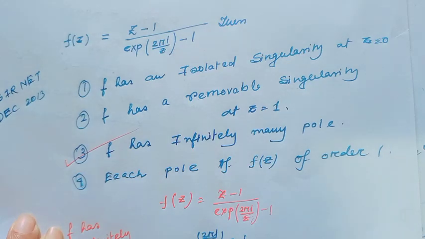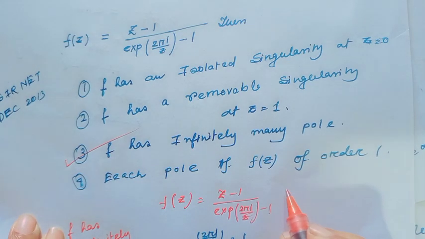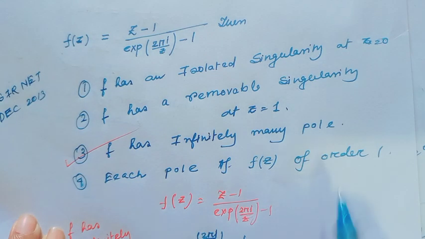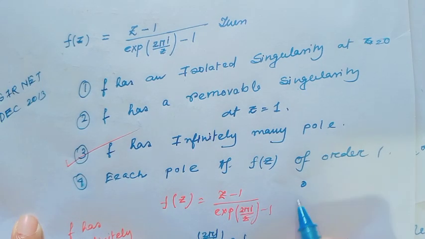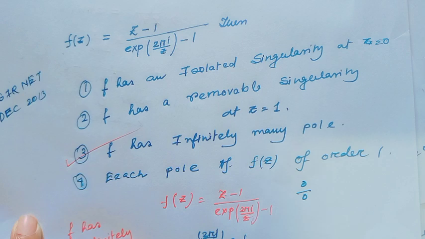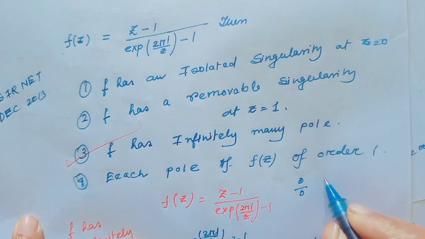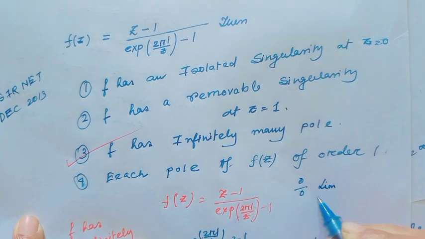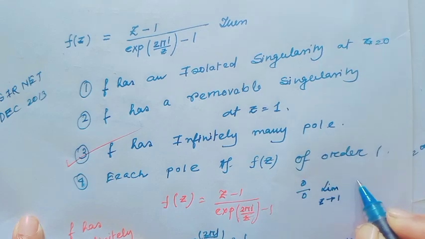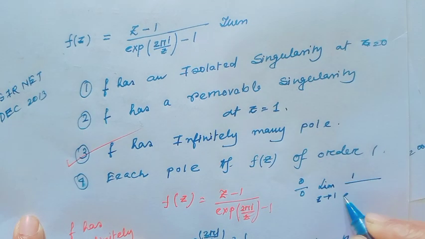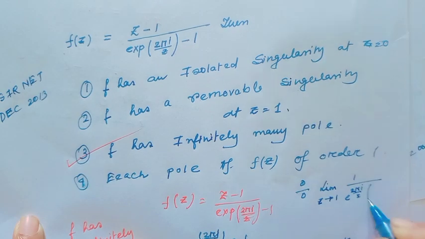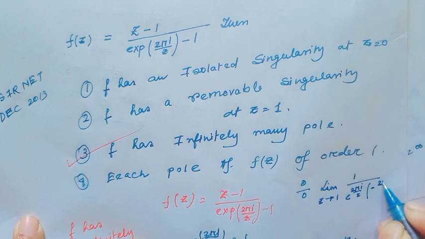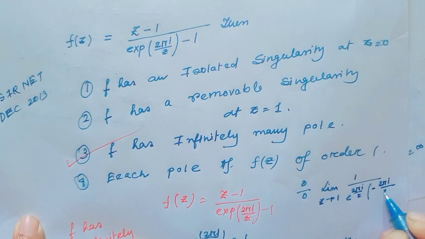But when z equal to 1, notice here e to the power 2 pi i means 1, so it is 0 over 0. So apply L'Hospital's rule: limit as z tends to 1 of 1 over (e to the power 2 pi i over z times minus 2 pi i over z square).